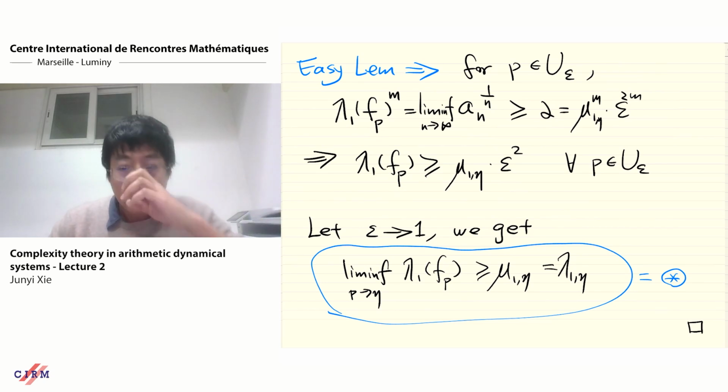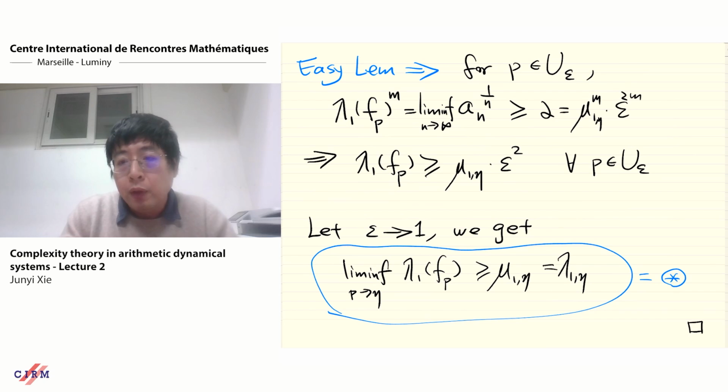So this proves the lower semi-continuity for the first dynamical degree. For higher dynamical degrees, the strategy is very similar.